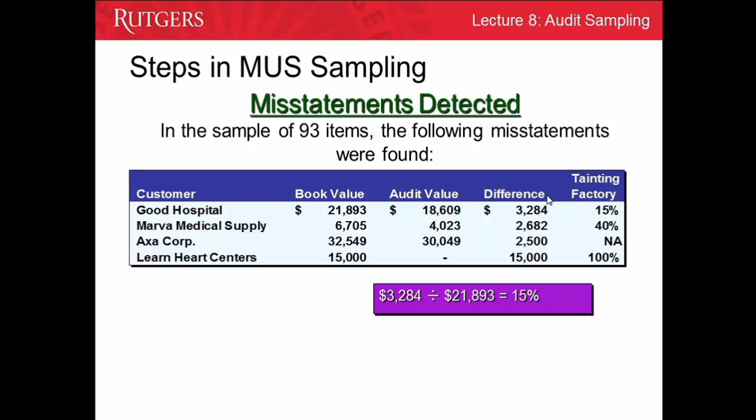First is that the logical unit is equal to or greater than the sampling interval. In this situation, the projected misstatement is equal to the actual misstatement detected in the logical unit. In this example, the Accord Corporation account contained a balance of $32,549, which is larger than the sampling interval of $26,882.